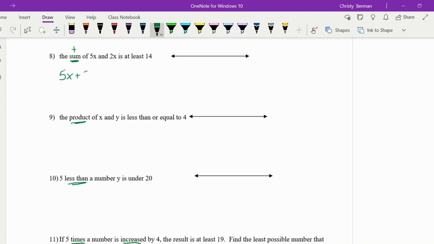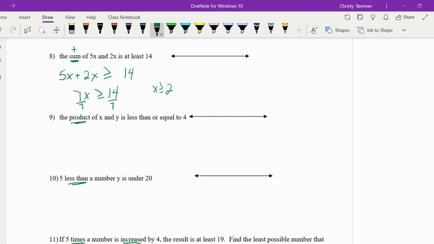So 5x plus 2x is at least 14. So at least means I want to be over 14, but I can also be equal to 14. Okay. So then you're going to combine your like terms, which we've done before, and then divide by 7. And so we get x is greater than or equal to 2.